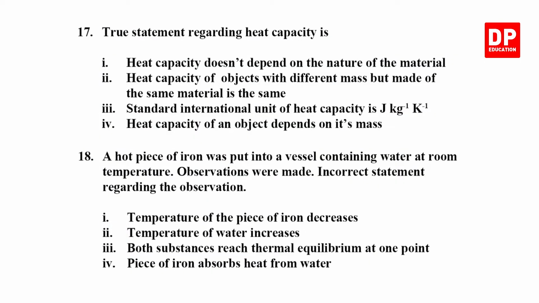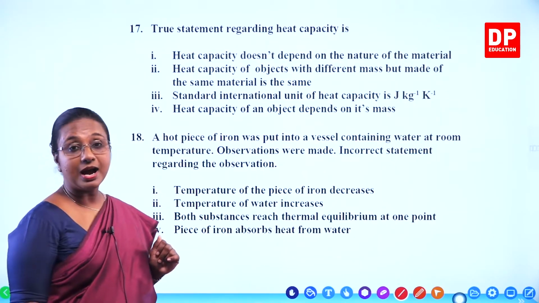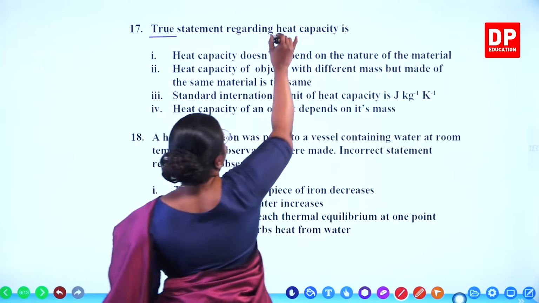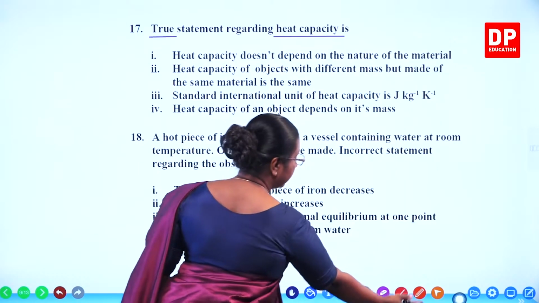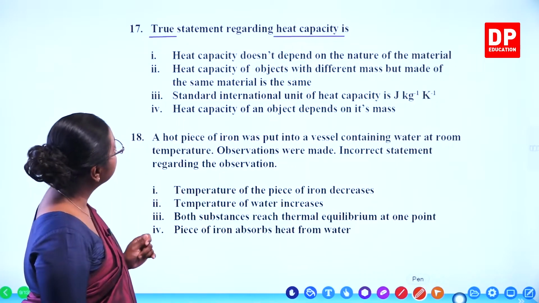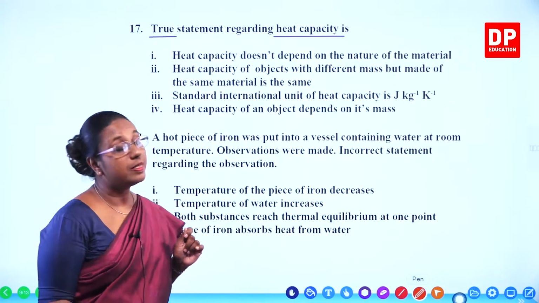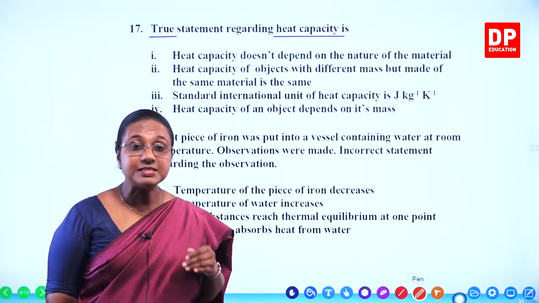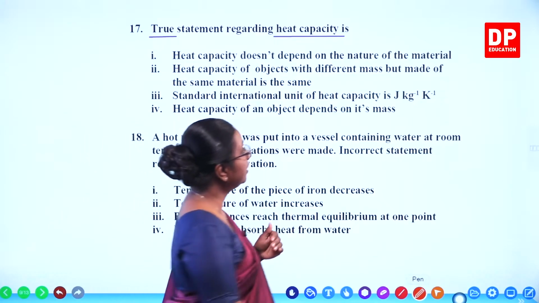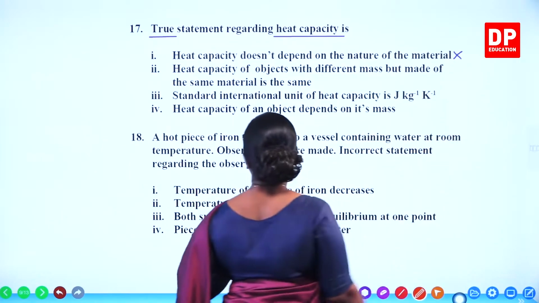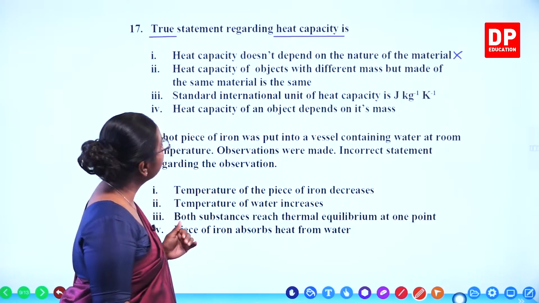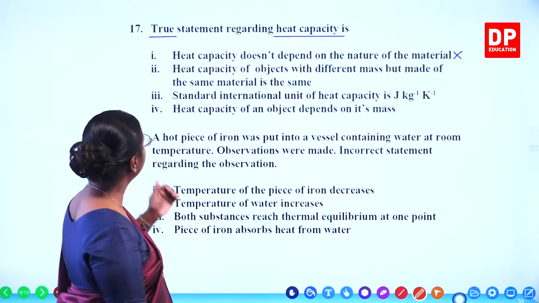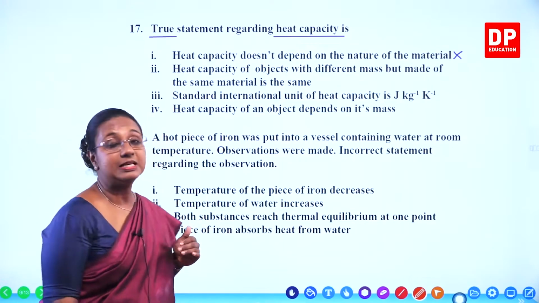Question number 17. True statement regarding heat capacity. Again, here it has to be the true statement regarding heat capacity. Heat capacity doesn't depend on the nature of material. That is incorrect because it does depend on the nature of the material. Then heat capacity of objects with different mass but made up of the same material is the same.